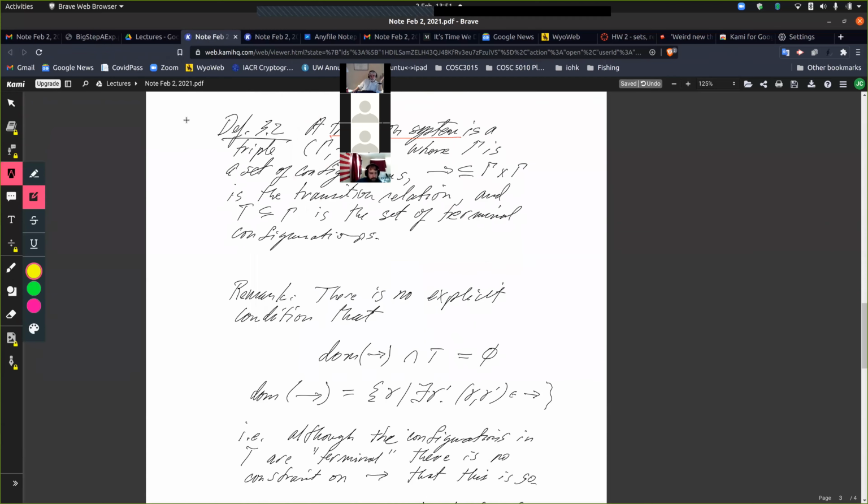So then we get the definition 3.2. A transition system is a triple, capital gamma, arrow, and T, where gamma is a set of configurations, arrow is a relation on gamma cross gamma, that's the transition relation, and T is a subset of gamma, the set of terminal configurations.